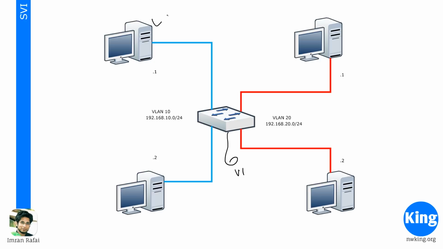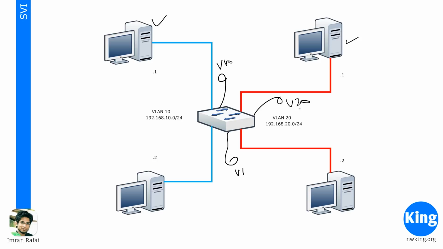Now this device cannot access this virtual interface, because that's for VLAN 1, right? So you can create a virtual interface for VLAN 10, right? Similarly, if you want a device in VLAN 20 to access this device virtually or remotely, you need to create a virtual interface for VLAN 20, and then you can give an IP address in that VLAN 20 range, and this device now can access, right?